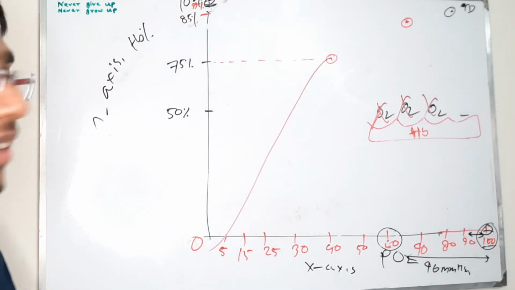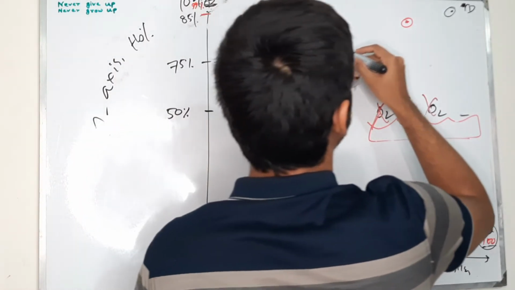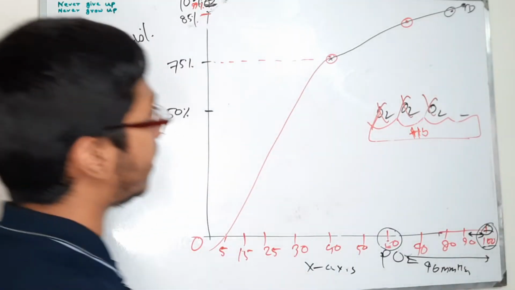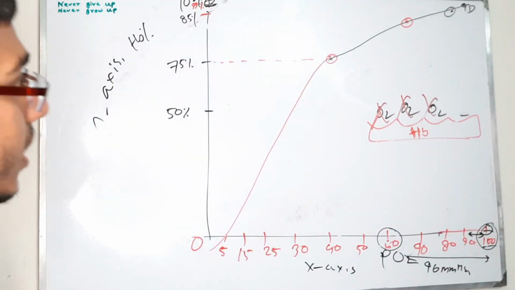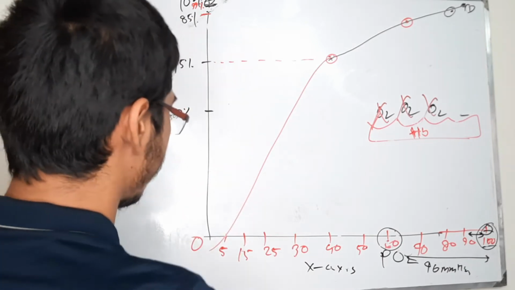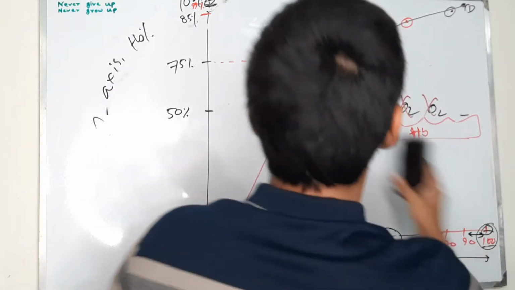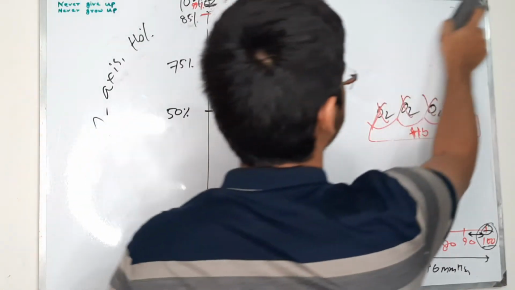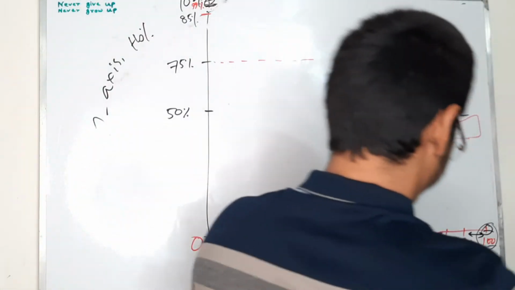Okay, so ultimately I'm going to add these parts to complete my oxygen hemoglobin dissociation curve. Now this is my oxygen hemoglobin dissociation curve. I should be drawing it with the same color, otherwise it becomes a little dirty.